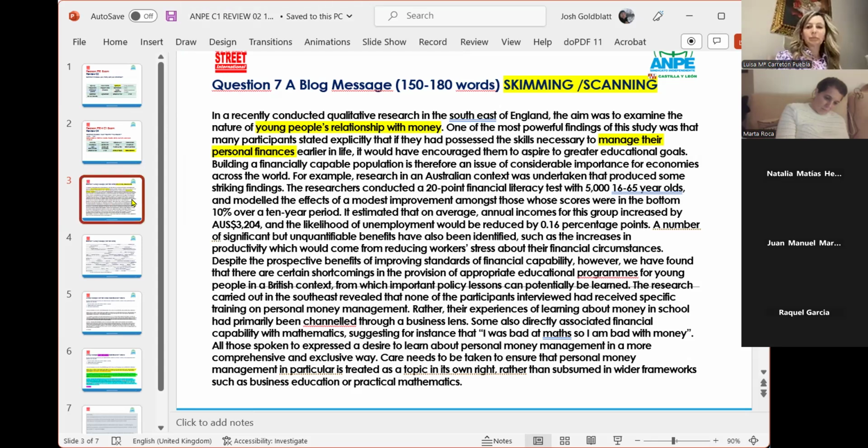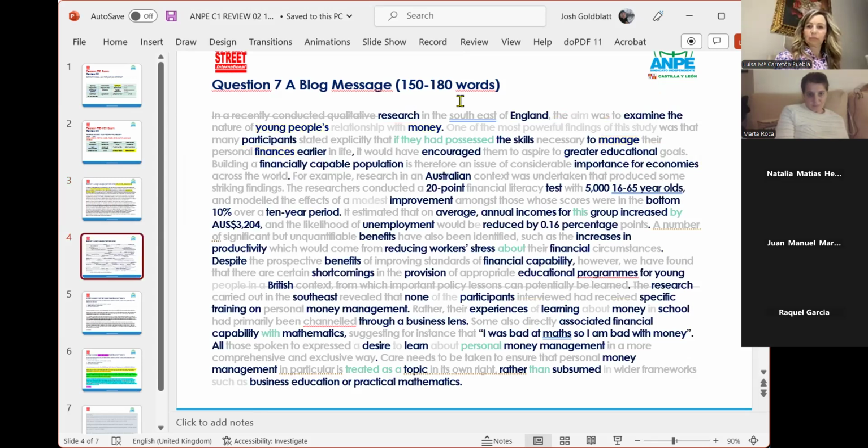So if we did that, we would actually have a shorter version, which would look like this. And we can see that the words in dark are the most important words.